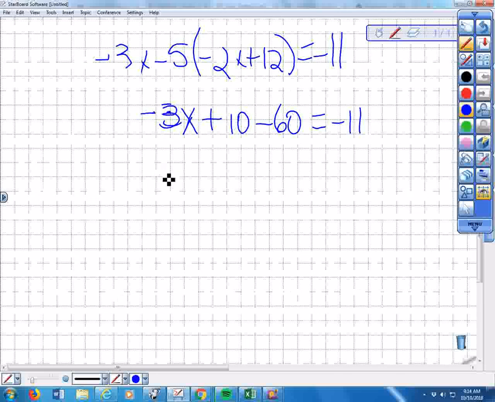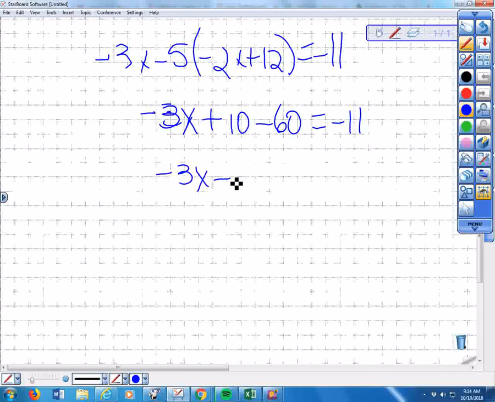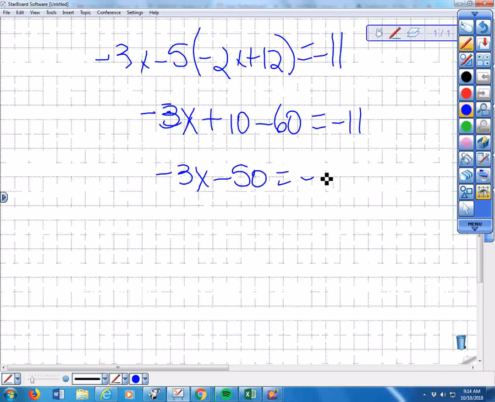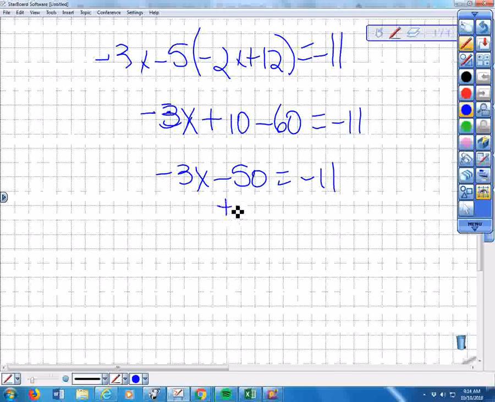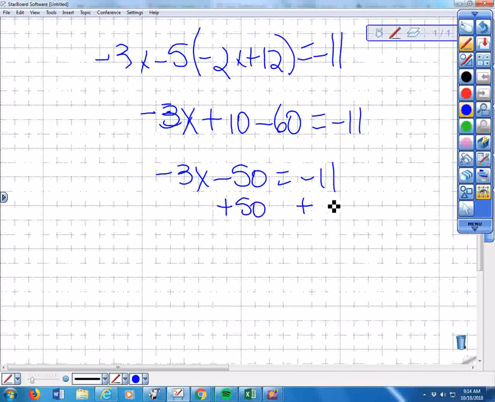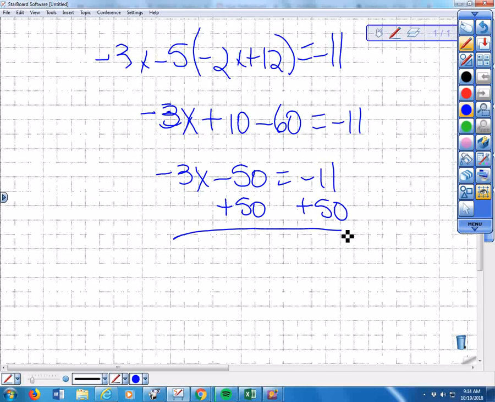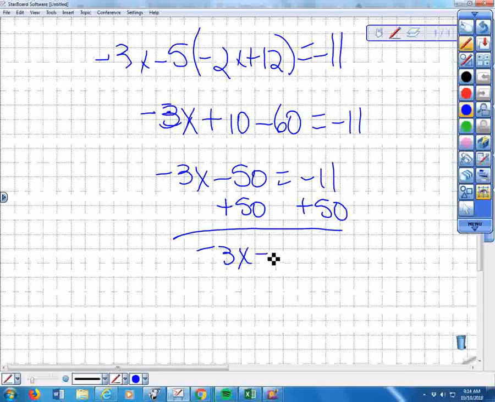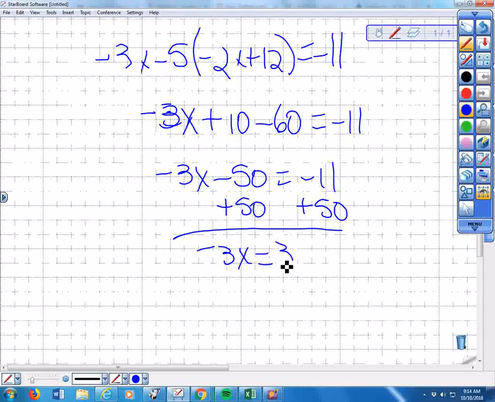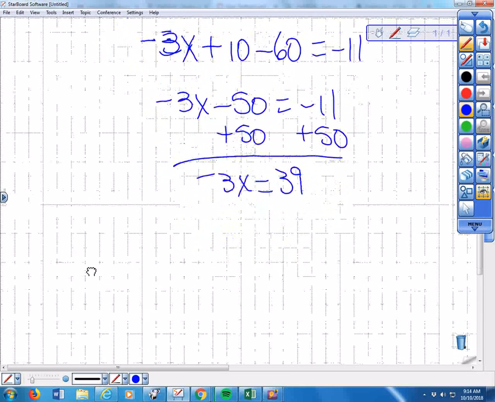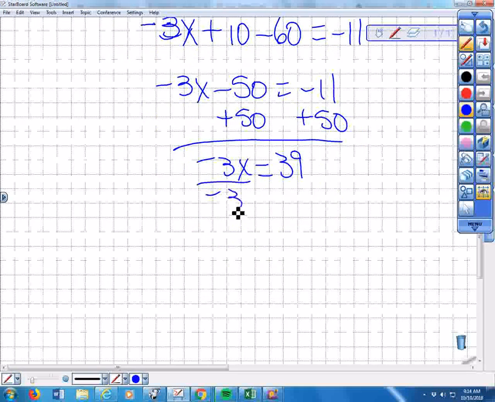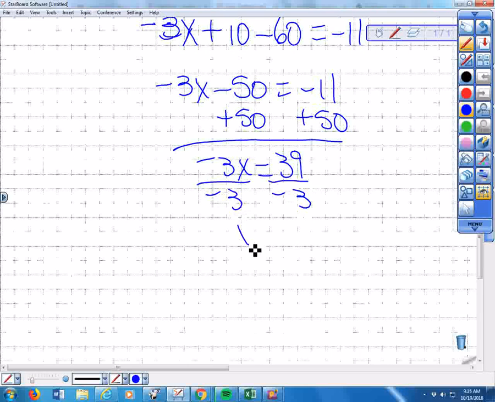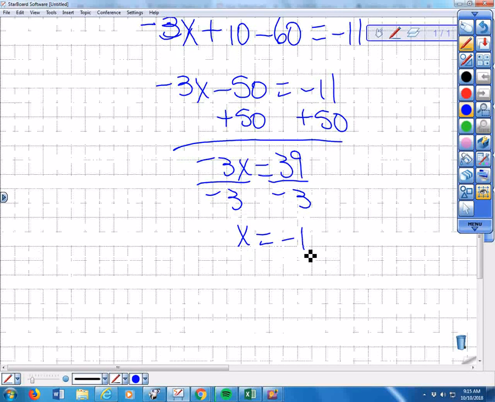So I have negative 3x minus 50 equals negative 11. Add 50. Negative 3x equals 39. Divide by negative 3. x equals what? Negative 13.